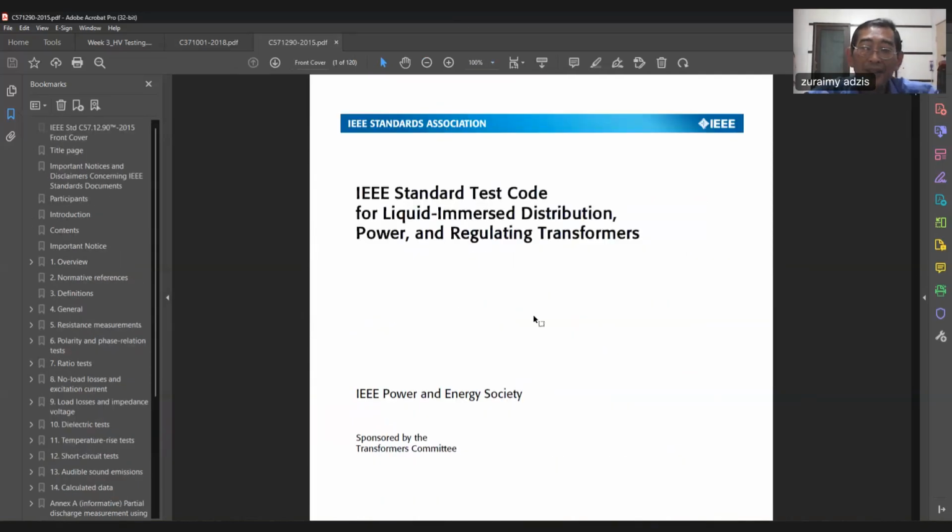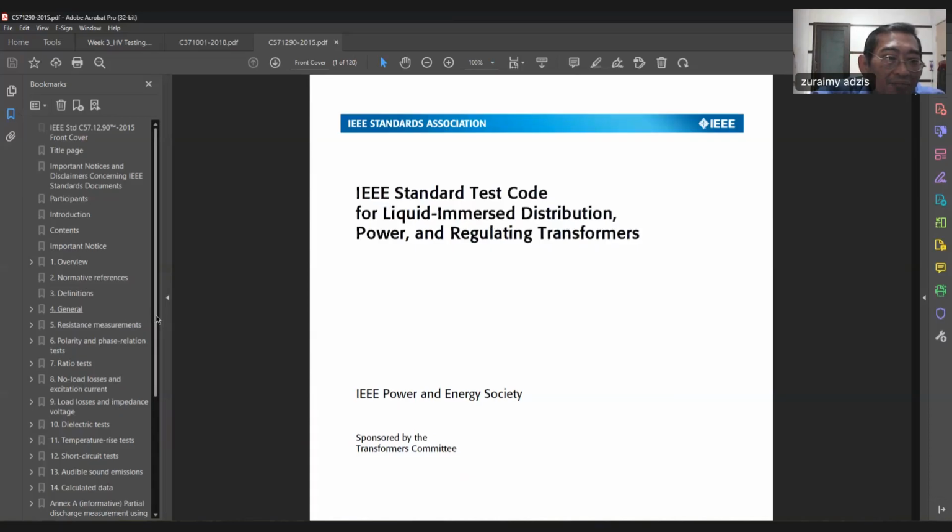So now I opened the file just below the file before, which dealt with switchgear, and it is now for regulating transformers, not power transformers, regulating transformers. But still transformers. Look at the table of contents: overview, general, resistance measurements, polarity and phase relations test, ratio test, no load losses, all right?